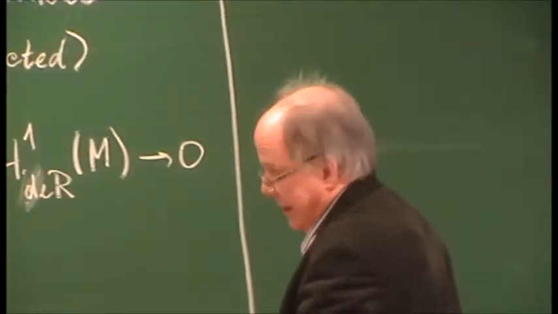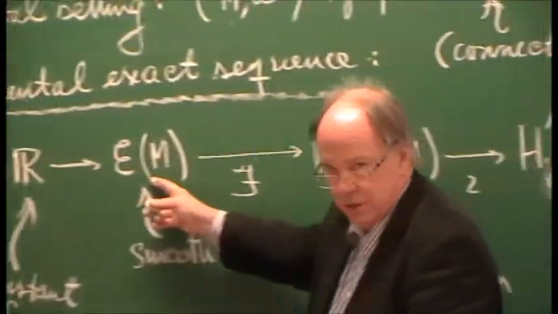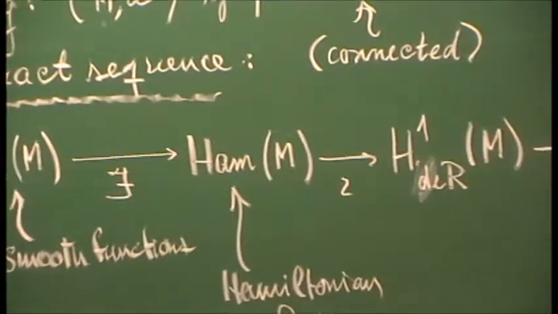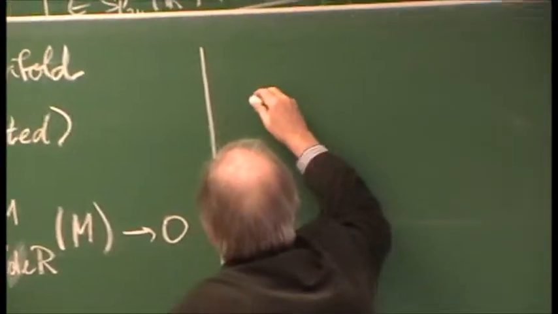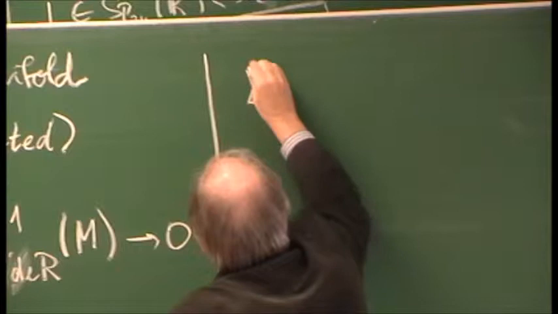Okay? So I think everybody understands the constant functions. Everybody understands the smooth functions. Now I have to tell you what the Hamiltonian fields are. Well, the Hamiltonian fields look like this. X is just some vector field.